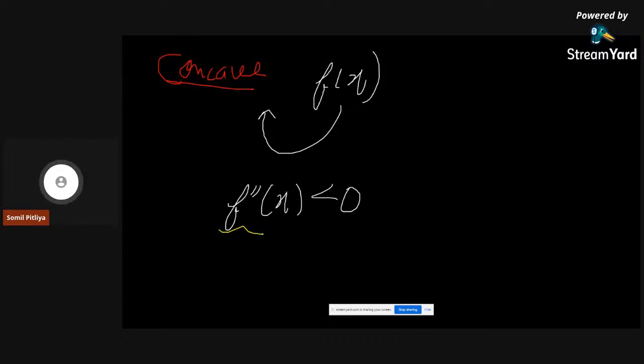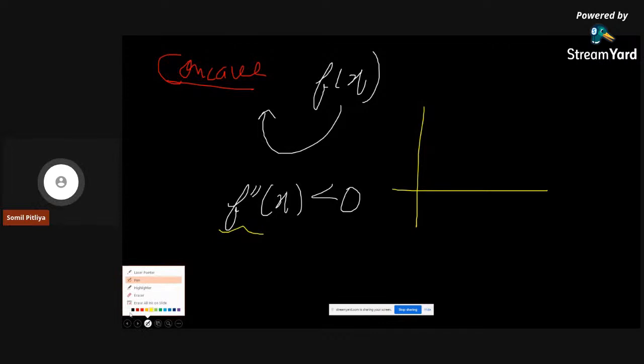So its slope is decreasing. The rate of change of slope is negative. For convex, the slope first was negative and then moves to positive, and for concave it's reversed.